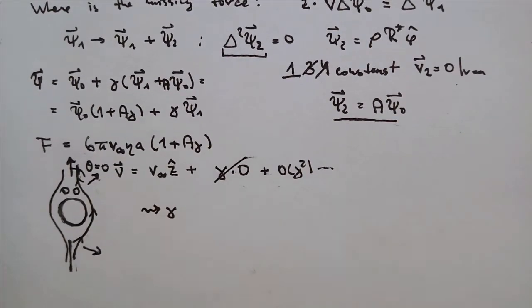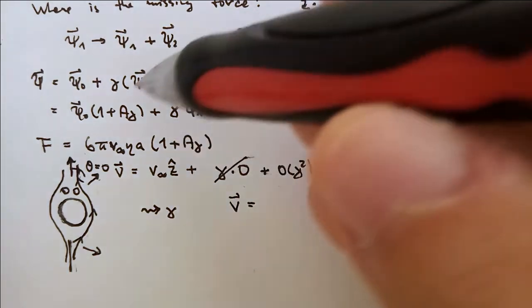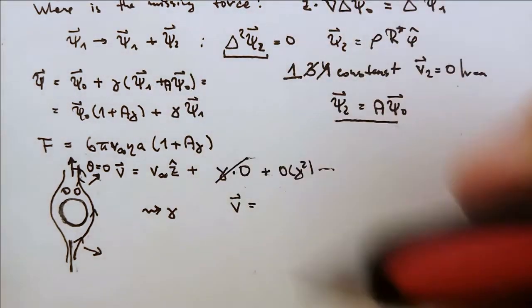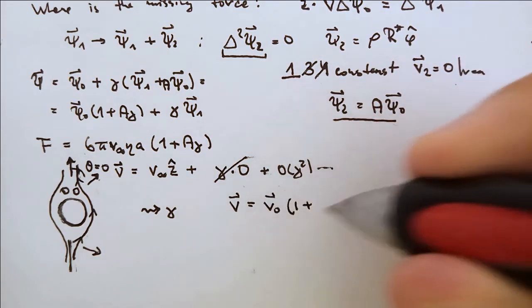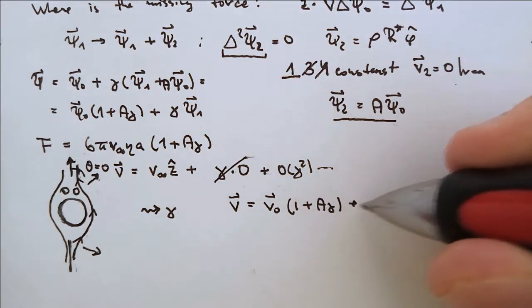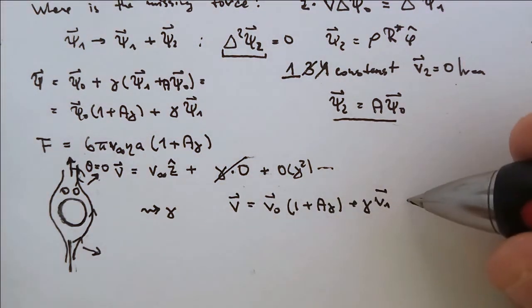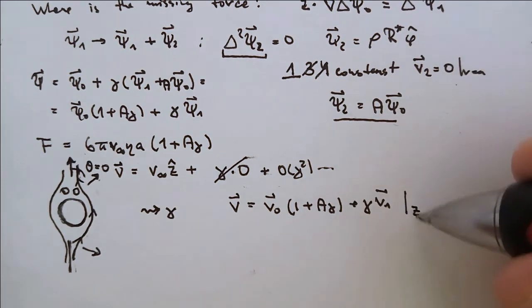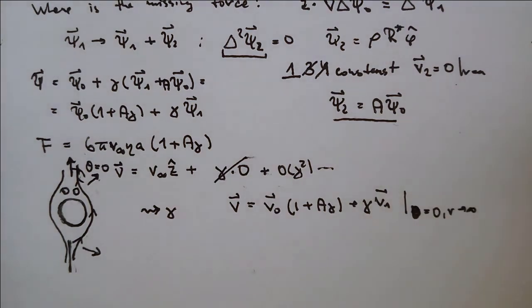How can we achieve this? Well, you know that v, from this, the correspondence is really obvious. It's v0 times 1 plus a gamma, plus gamma v1, and this must hold when theta is 0, r is infinite.